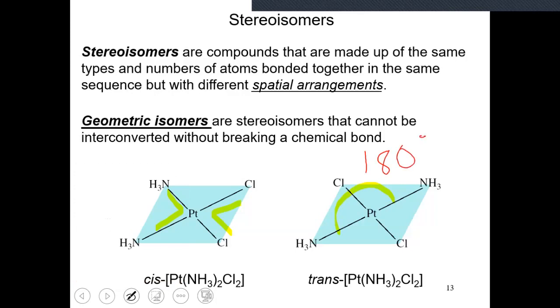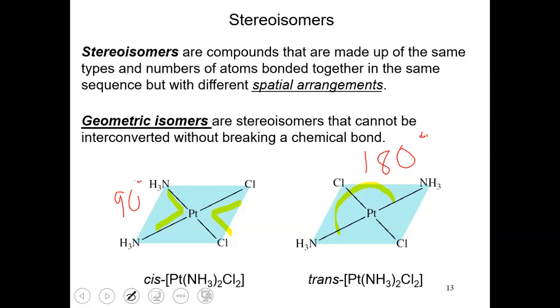And that is what distinguishes a cis from a trans isomer. In the cis isomer, the ligands in question are going to be at 90-degree angles from each other. In the trans isomer, they're going to be at 180 degrees from each other.